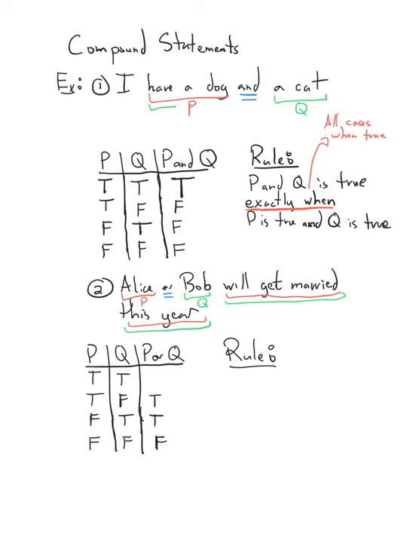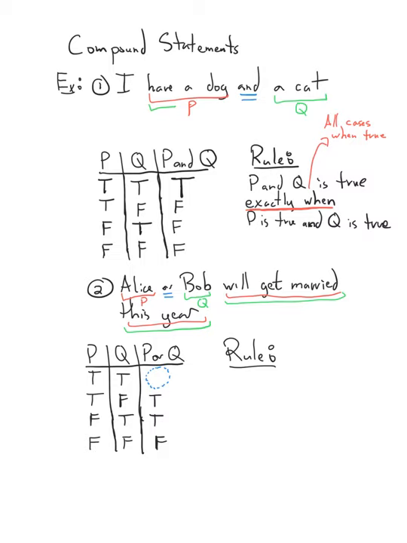And now what happens if they both get married this year? Am I lying to you? And here we have to kind of make a decision. We have to decide if it's an inclusive or exclusive or, if we want to include in the word or the idea of or both.